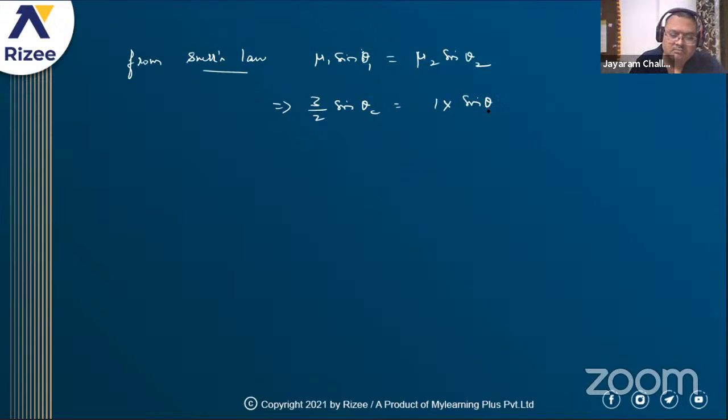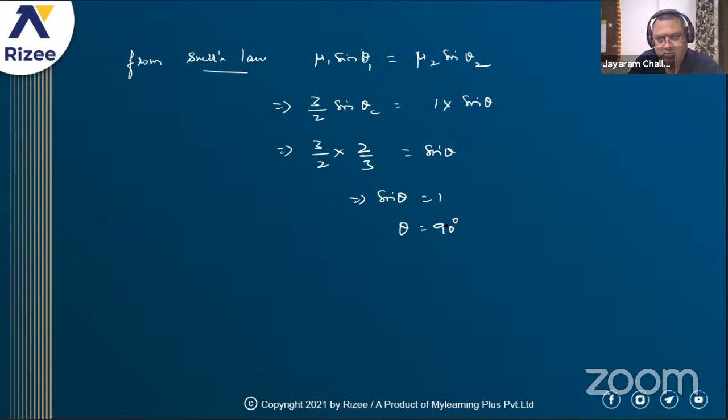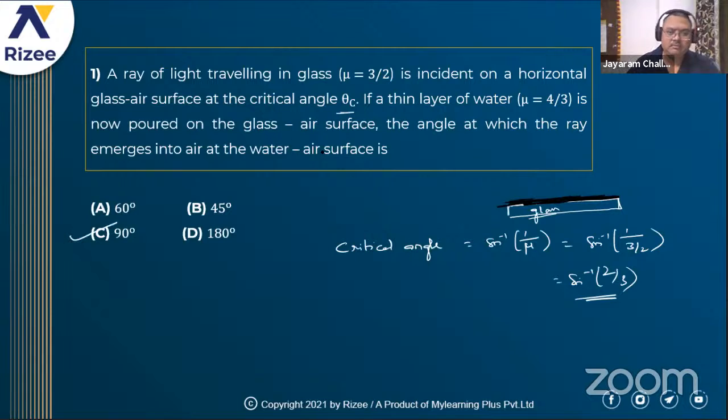But in this case, sine theta c is 2 by 3, so 3 by 2 into 2 by 3 is sine theta. That implies sine theta is equal to 1, which means theta should be equal to 90 degrees. So this is the angle at which the ray emerges into the air at the water and air surface.